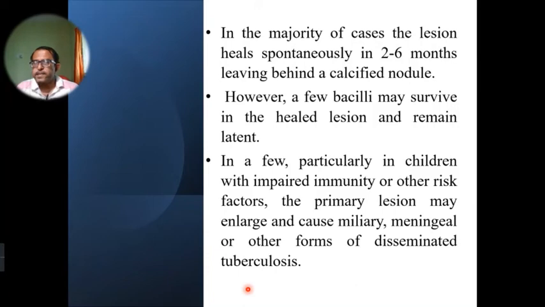Now, in these healed lesions, as you know, a few bacteria remain in this calcified nodule in a latent stage.